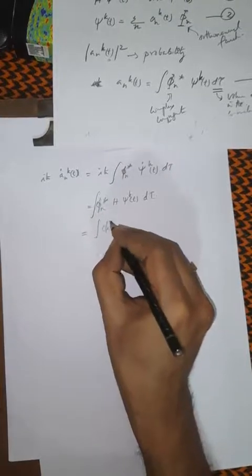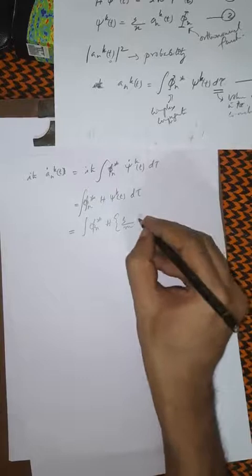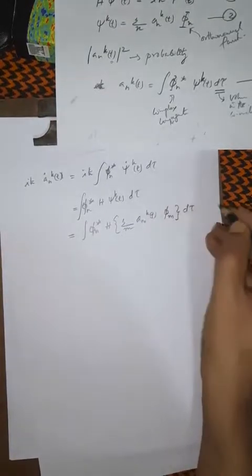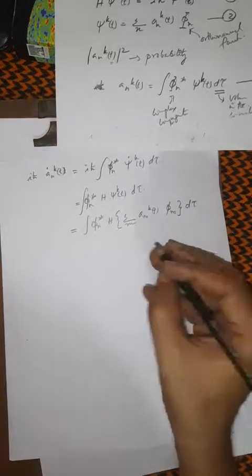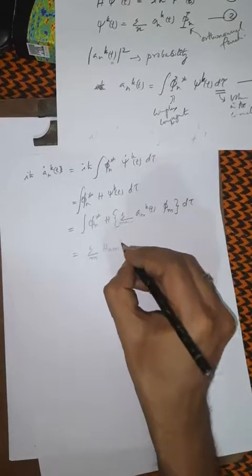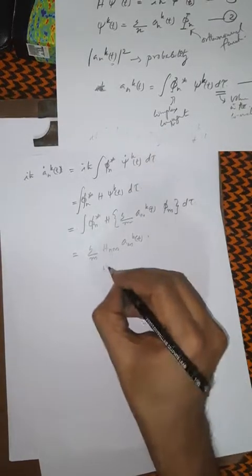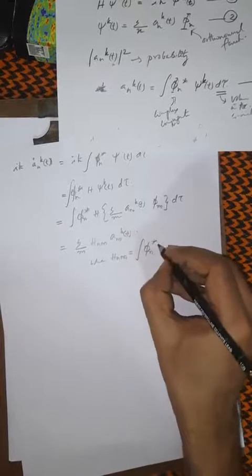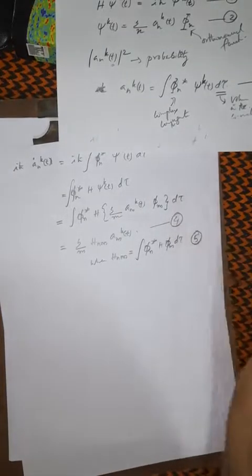Integral phi_n star H sum over m of A_m(k,t) phi_m d tau. Substituting equation 2, I can write it as the sum over m of H_nm A_m(k,t), where H_nm is equal to the integral phi_n star H phi_m d tau.